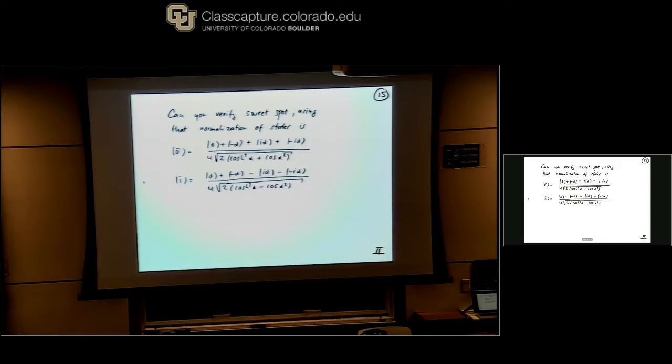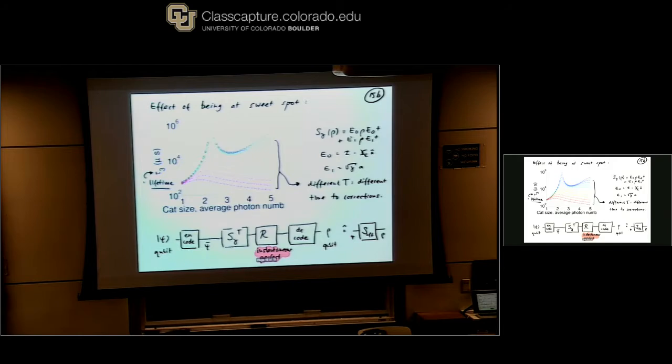I didn't make this a formal exercise. Here, if you want to read more about it, I give the normalization of the state, and you can see, if I say the average photon number in these two states should be the same, what's the condition then on alpha, using the inner product between two coherent states alpha and beta, you could verify this.